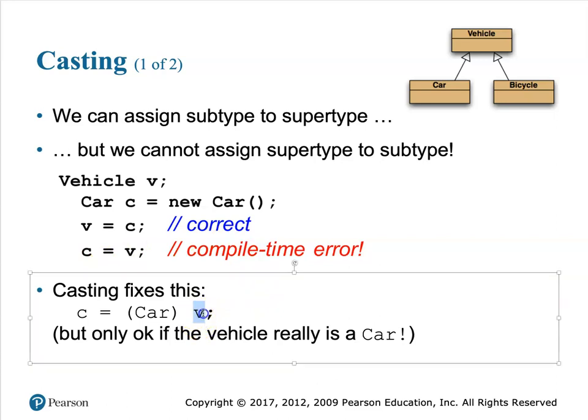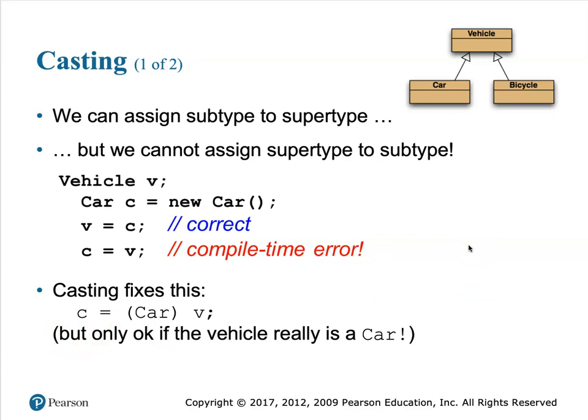Yes, we know that you are a vehicle initially, but I know that I stored a car object in you, so I want you to treat yourself as if you are a car, and then I can store that reference back down into a variable of type car. This will work, the compiler will allow it, but only if it actually is a car object. If it's not a car object when you try to make this assignment, there will be a runtime error, your program will halt, and it won't be able to proceed.